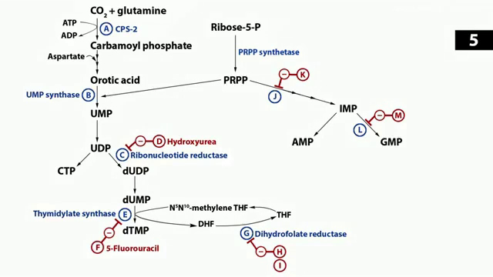We're going to talk about 5-FU more in oncology when we talk about the cancer drugs. And then letters H and I are both drugs that inhibit dihydrofolate reductase. Letter H is the antibiotic trimethoprim, which works in prokaryotes, and then letter I is methotrexate, which works in eukaryotes.